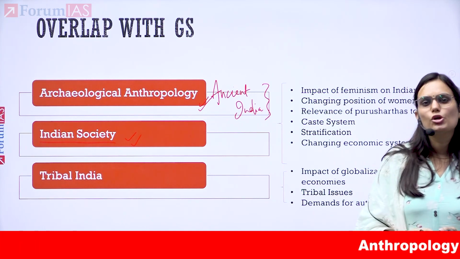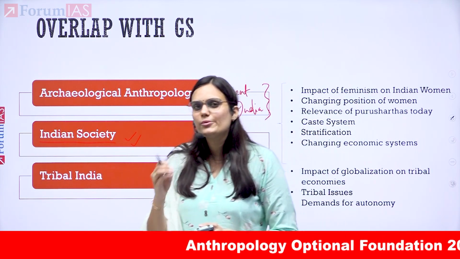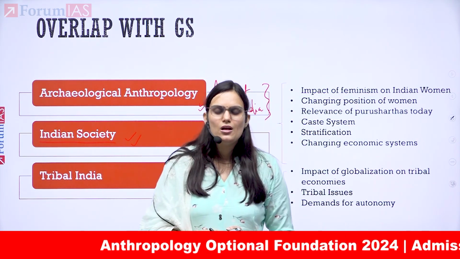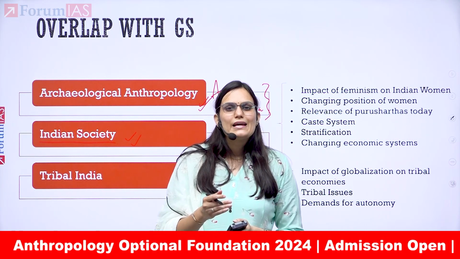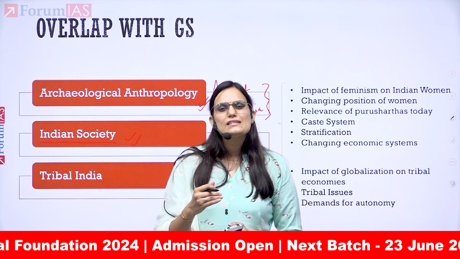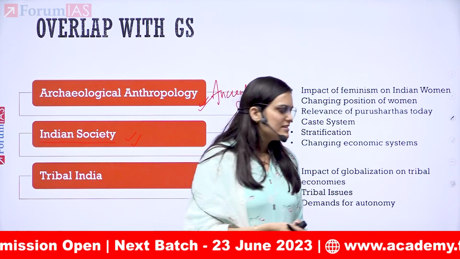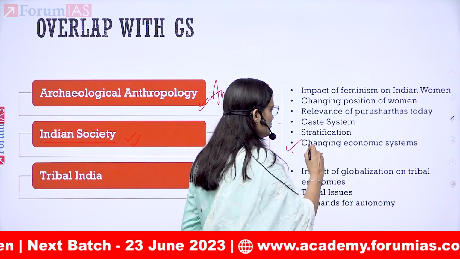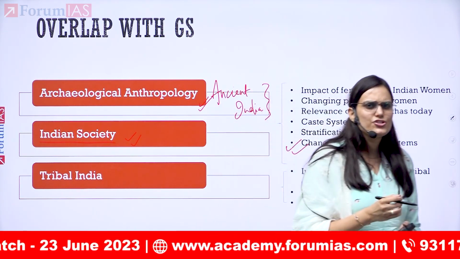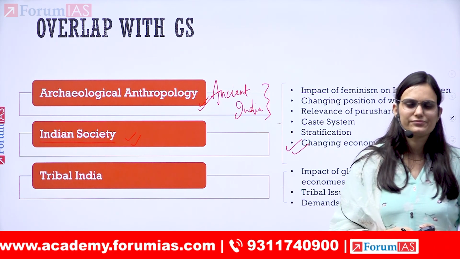For example, globalization. How has globalization impacted the women populations in the country? How has globalization impacted the economic systems, right? How has the feminist ideology impacted women? So these are application-based questions which you find in GS, okay? A facet of which is covered here also.